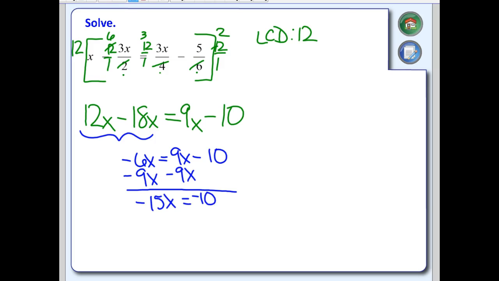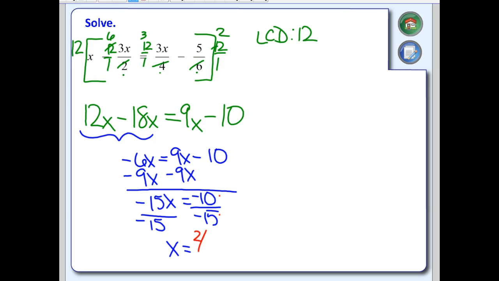And now what's my next move to get x alone? Yeah, I got to get rid of that negative 15. So I got to divide both sides by negative 15. So x equals, now did you realize a negative divided by a negative is a positive? Good job. And then we can reduce that fraction. What's my GCF between 10 and 15?